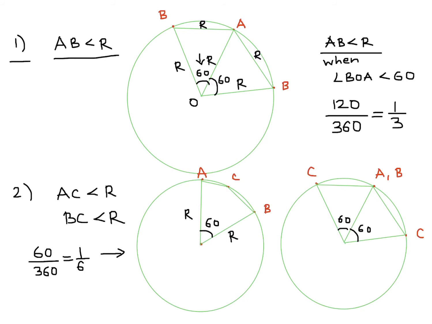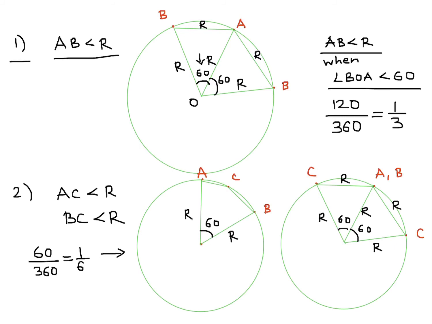Because at this point, very similar to before, this is the radius, this is the radius, this is the radius. If CA is also equal to R and BC is also equal to R, these basically become equilateral triangles. So C can be here, but it most likely will be here or here or here. It's got to be in a way so that the angle is less than 60.